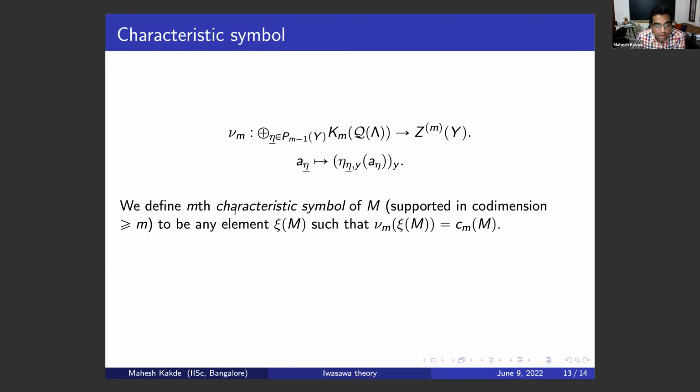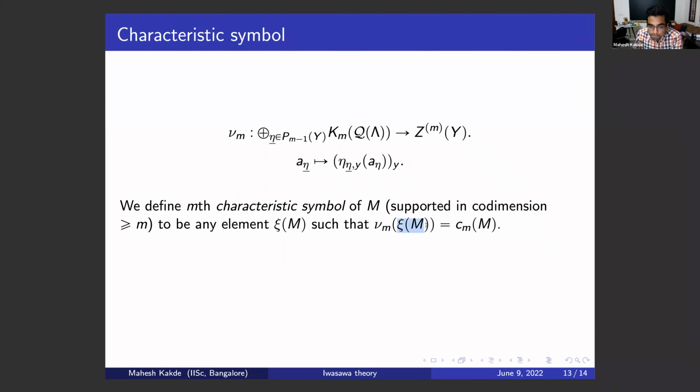You define the mth characteristic symbol of M, where M is a module supported in codimension bigger than or equal to m, to be any element xi m in this group, such that nu m of xi m is the Chern symbol of M. Okay, so this generalizes the notion of characteristic element that we had for m equal to 1.